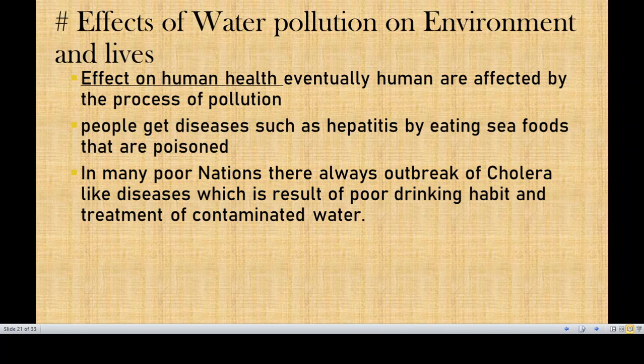And WHO has estimated that because of this water pollution, around 5 to 10% of death cases are being reported continuously. Just because of cholera, almost 1,20,000 people die every day. And cholera is one of the major forms of disease caused by water. That means it is passed on through water.